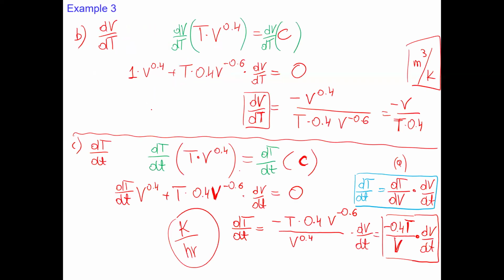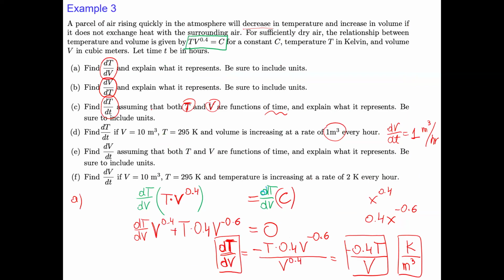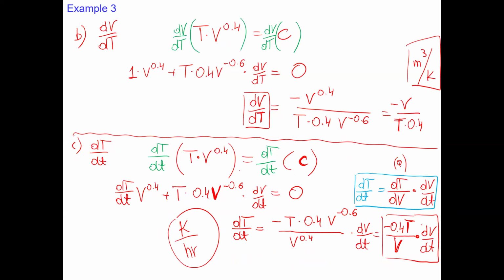And the last one, I mean, we have two more. Find dV/dt. Assuming that both are functions of time, we can take this equation, correct?